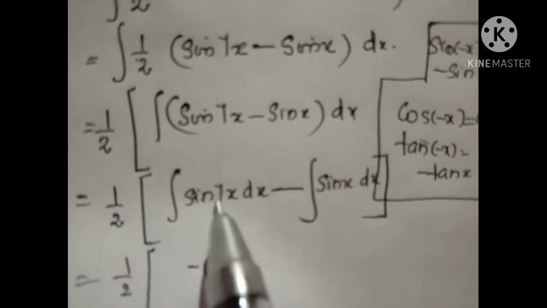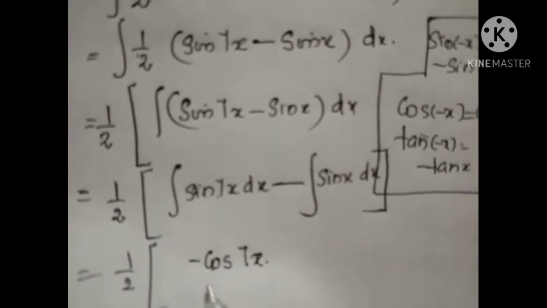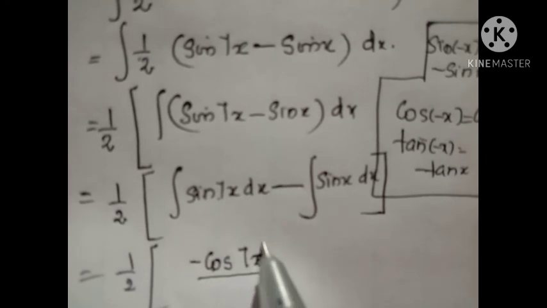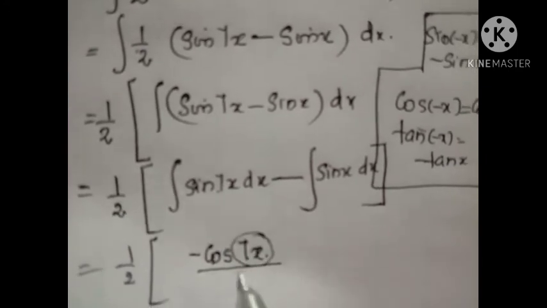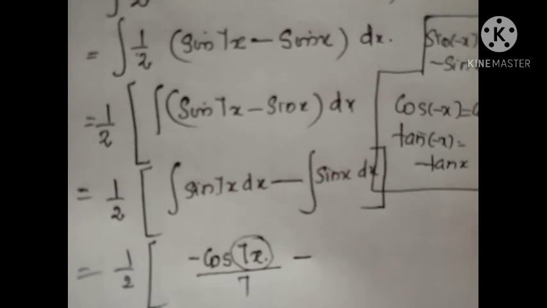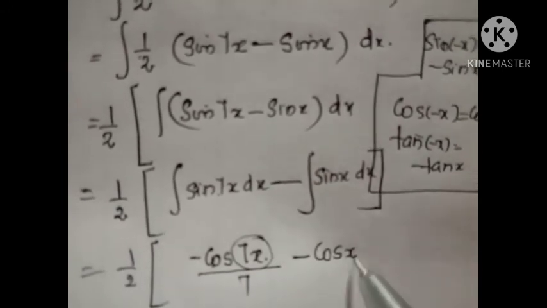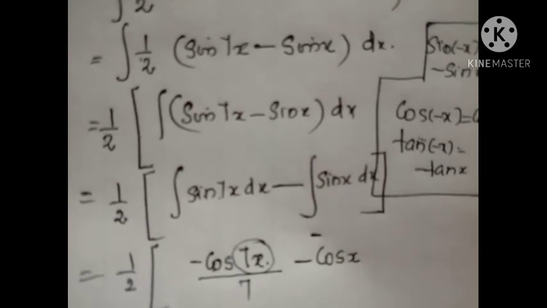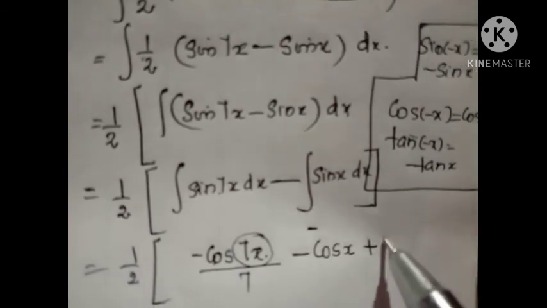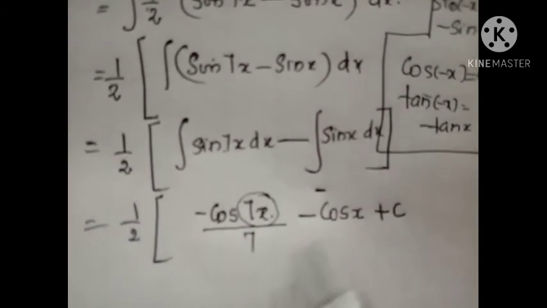So the integral of sin 7x is minus cos 7x. It is not complete. Divided by the derivative of this 7x, 7, minus the integral of sin x. The integral of sin x is cos x, I mean minus cos x, plus c.